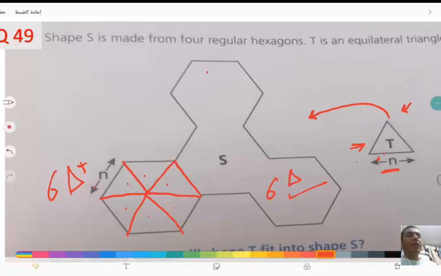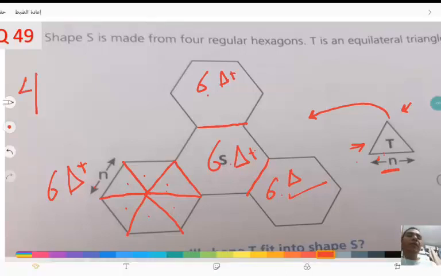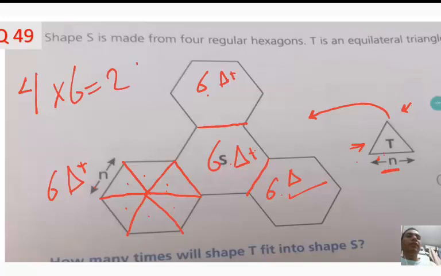The third one here will be 6 as well. Then in the middle we will have another hexagon which is 6 triangles T. So finally 1, 2, 3, 4 hexagons, each one will be divided into 6 of the tile here. 4 times 6 equals 24 triangles. That's it.